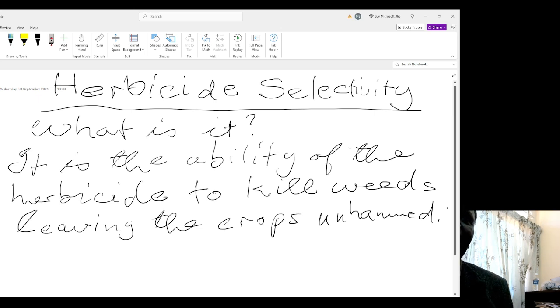So it is the ability of the herbicide to kill weeds, leaving the crops unharmed.